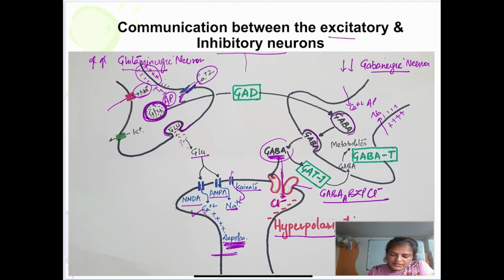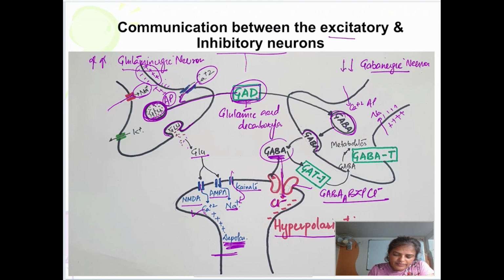Maybe there is a decreased synthesis of GABA. How is GABA synthesized? It is synthesized from glutamate. In glutamate, the enzyme glutamic acid decarboxylase, GAD, acts.